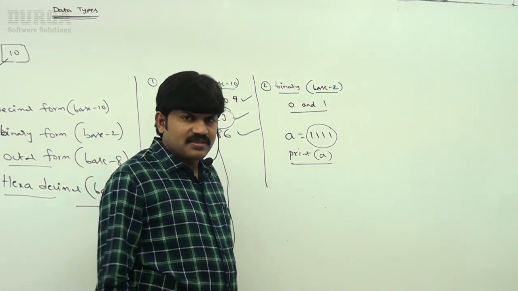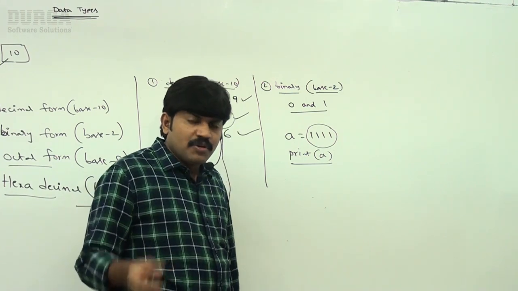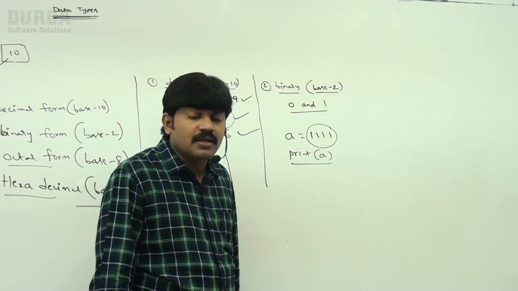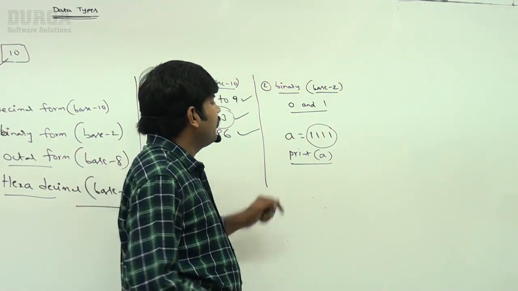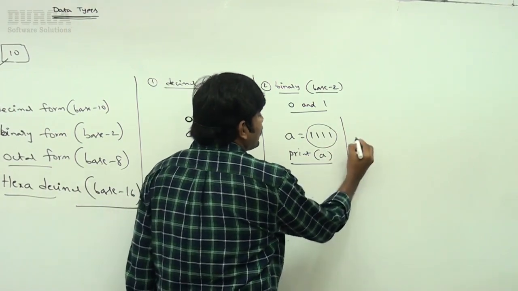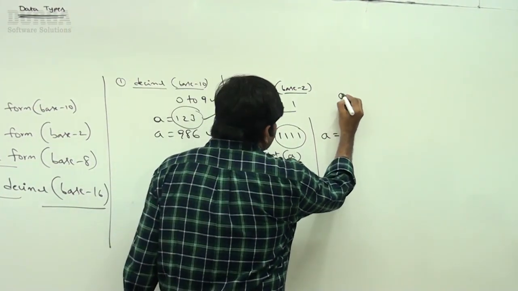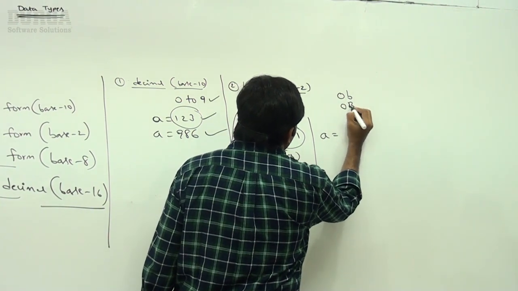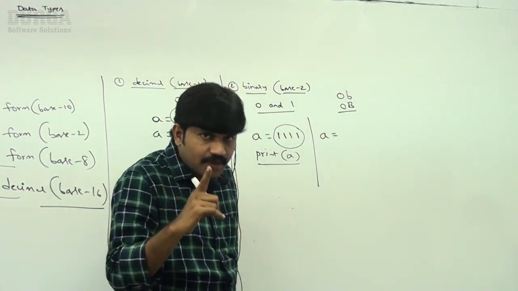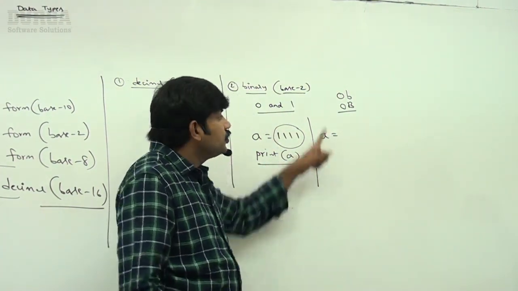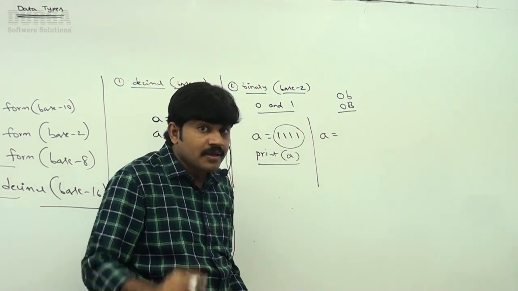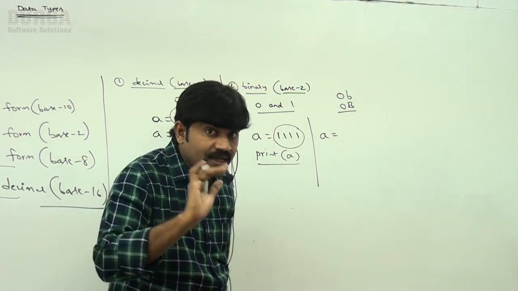Now I have to tell Python to consider this one as a binary value. How can you specify it? Very simple. If a number is prefixed with 0b or 0B, this number is considered a binary number.